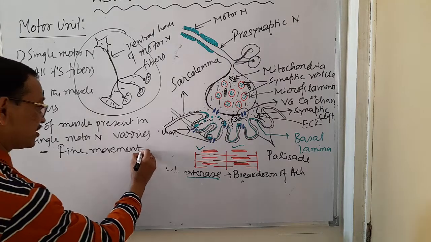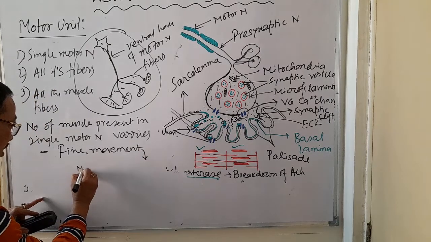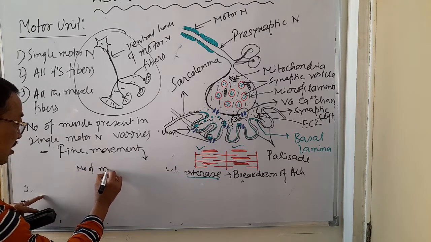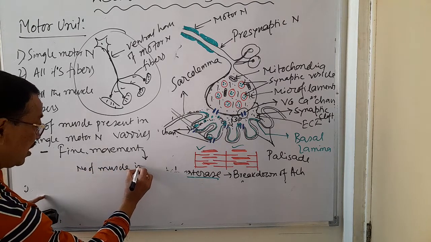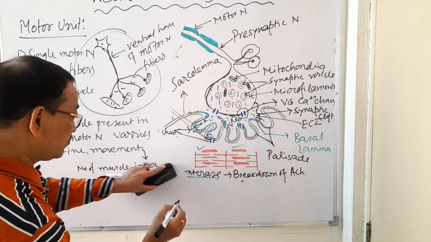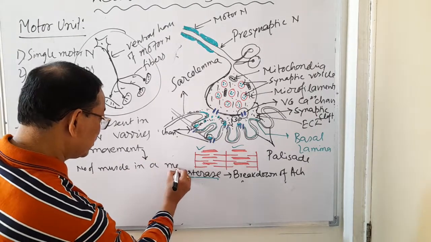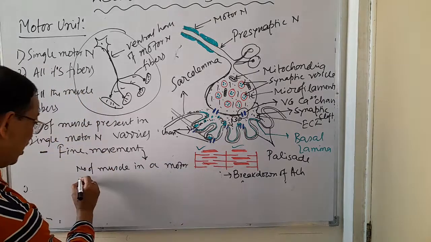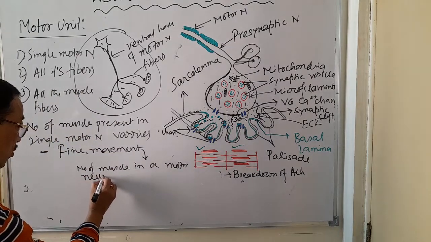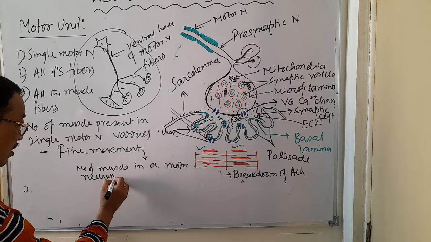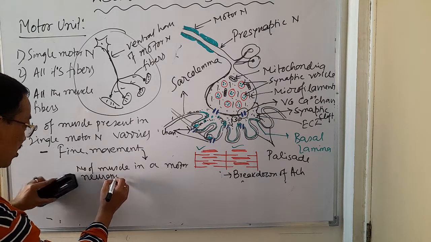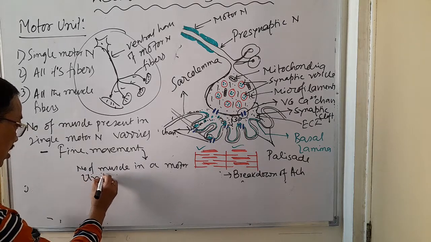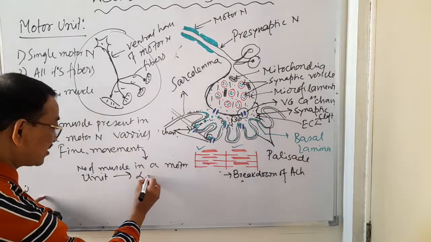In this case, the number of muscle fibers in a motor unit is less.